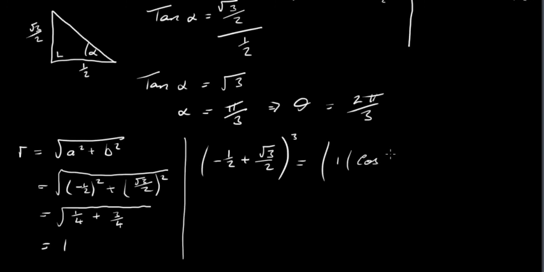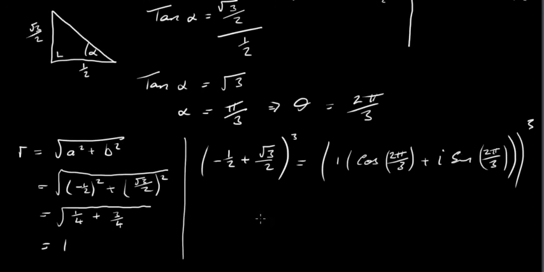Well, our theta is 2 pi/3, plus i sine 2 pi/3, and let's see, how many brackets have I got here? Yeah, I need another bracket here, I think. And we want to raise all that to the power of 3.